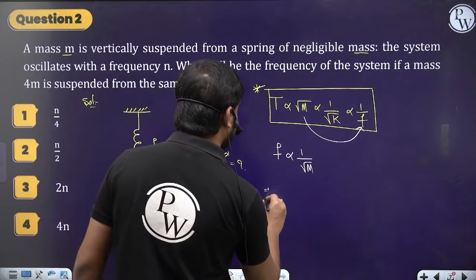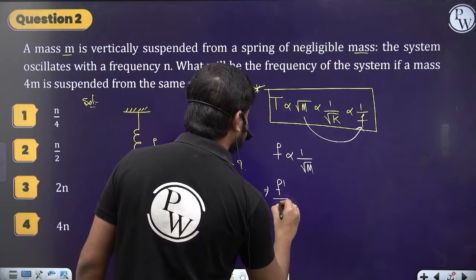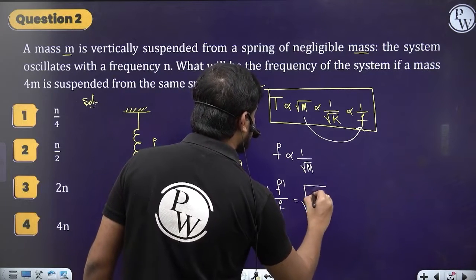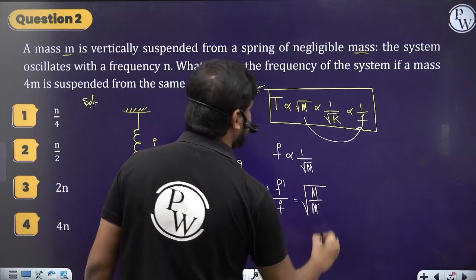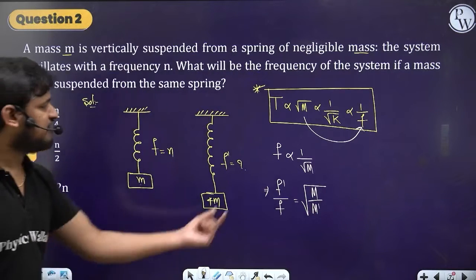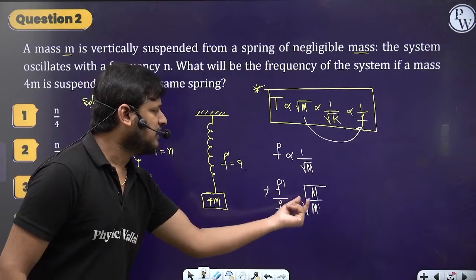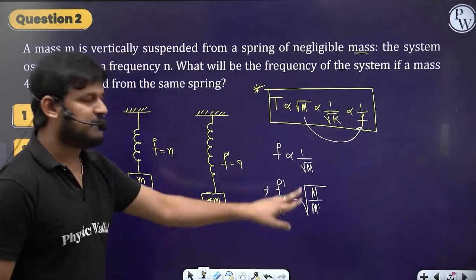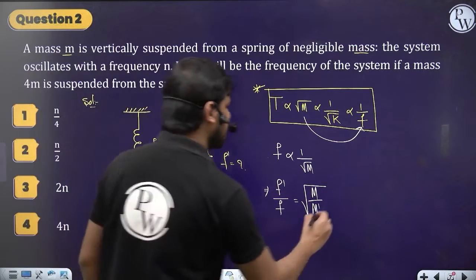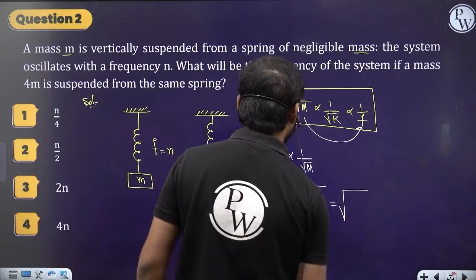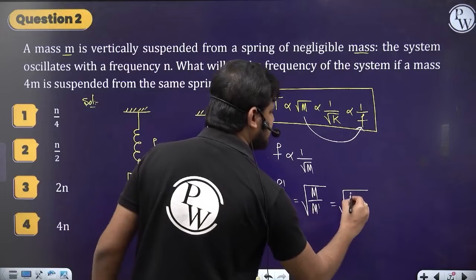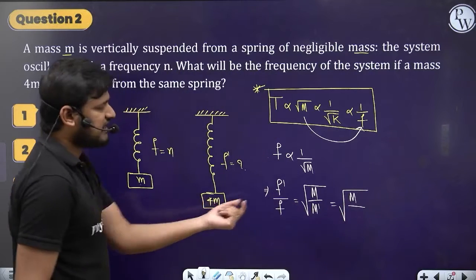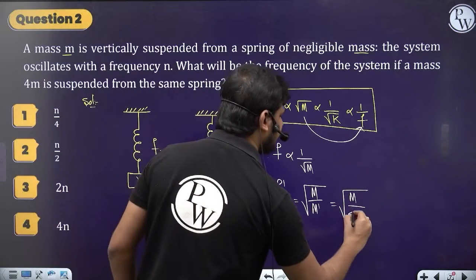Chalo, so now f dash by f is equal to root over m by m dash, inversely proportional to the root, right? So what is m? In the first case the mass is m. So in the second case, m dash is 4m, right?